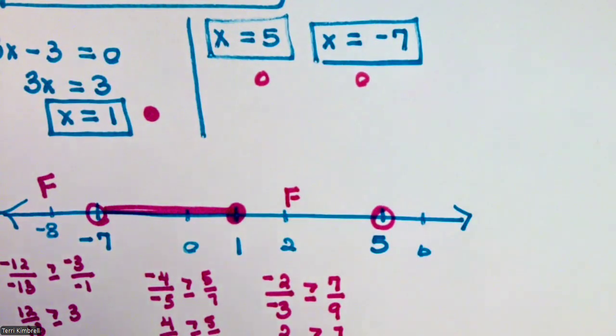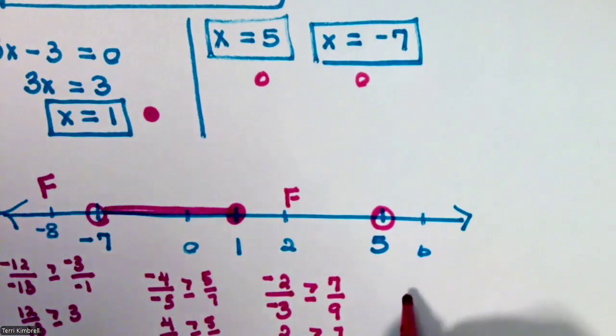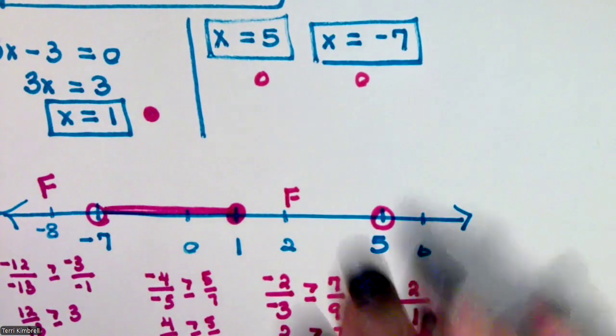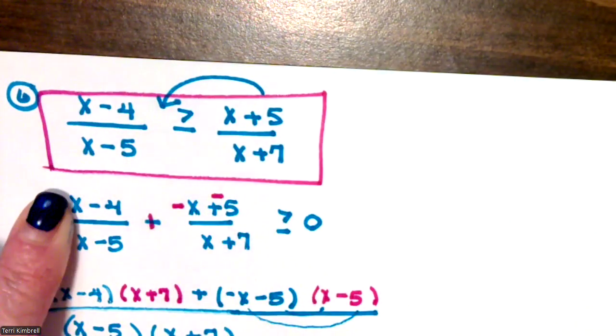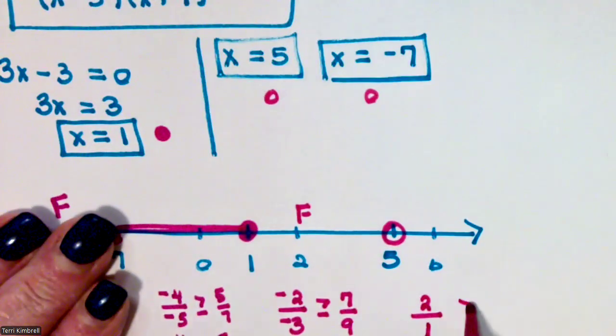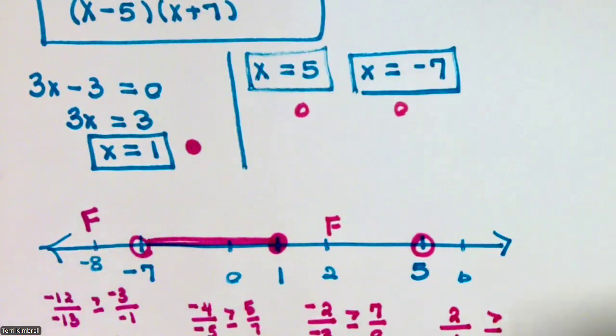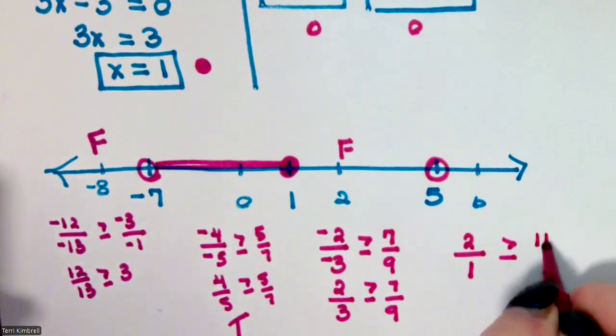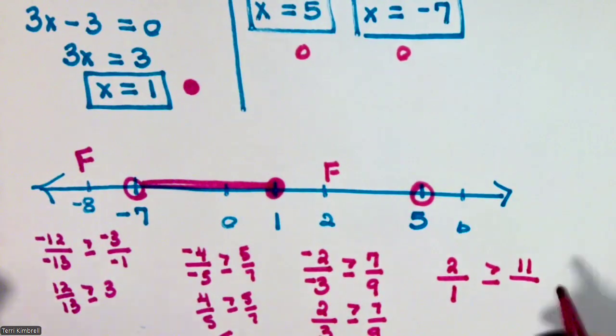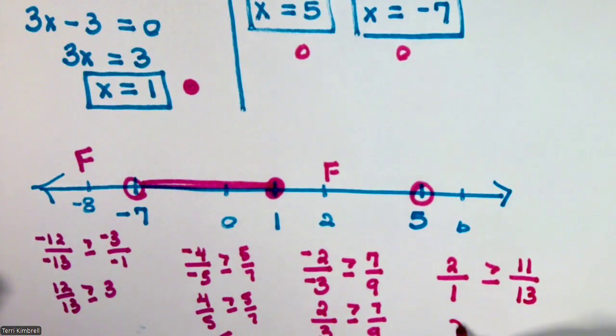Okay, and then 6. 6 minus 4 is 2. Then we have 6 minus 5 is 1. I'm just going back to this original part right here. Okay, is that greater than or equal to? Then I have 6 plus 5, which is an 11. And 6 plus 7, which is 13.